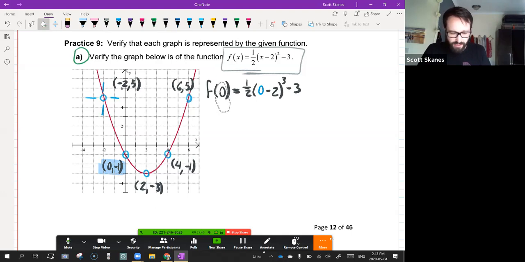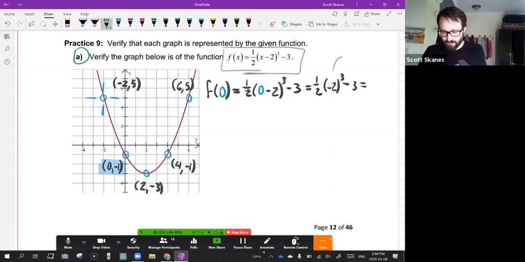So again, all of my x's, all I do is replace them with 0. That is 1 over 2. Out of those brackets, that's negative 2 squared minus 3. I'm not going to show all the work, actually. I'm just, yeah, okay, I will. Sometimes I feel bad.